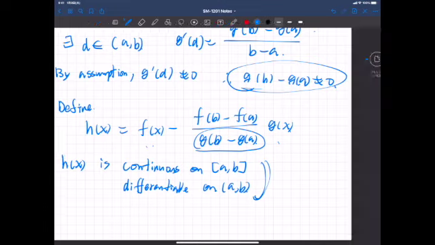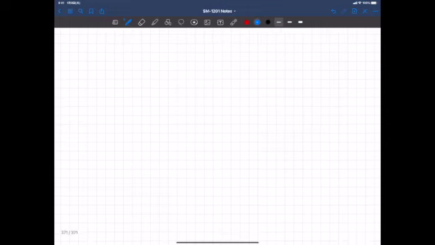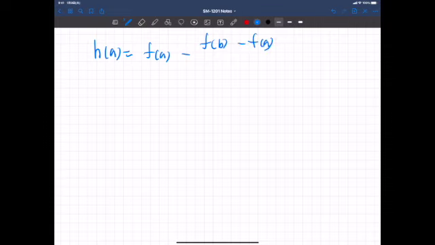And moreover, let's calculate the value of h of a. So that is f of a minus f of b minus f of a over g of b minus g of a times g of a.